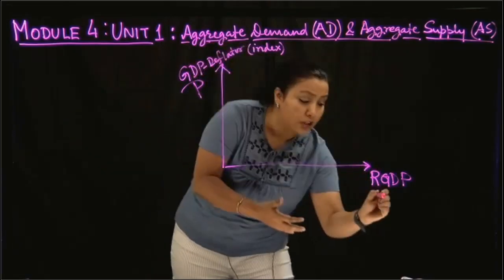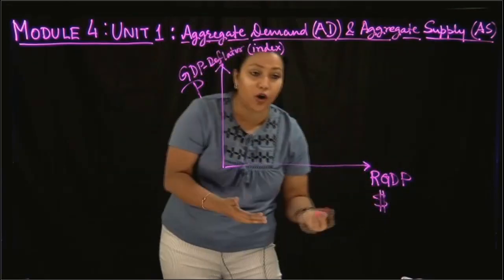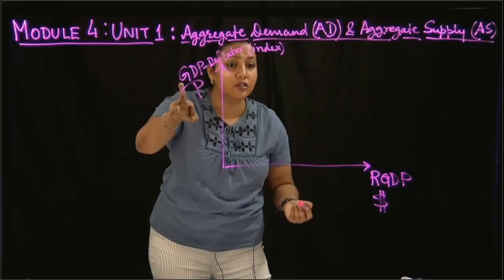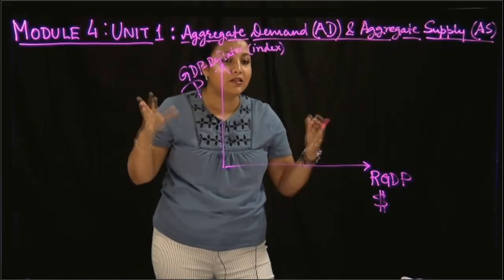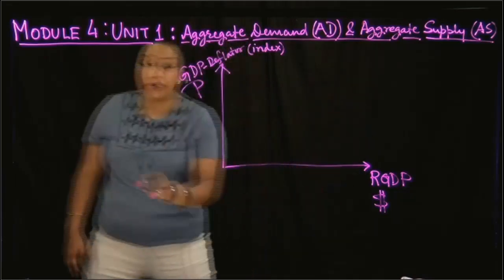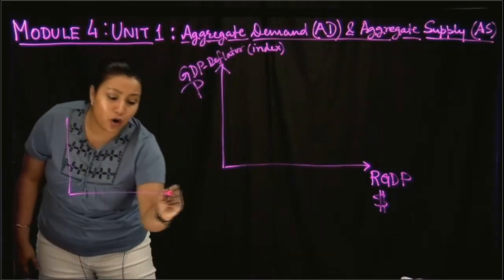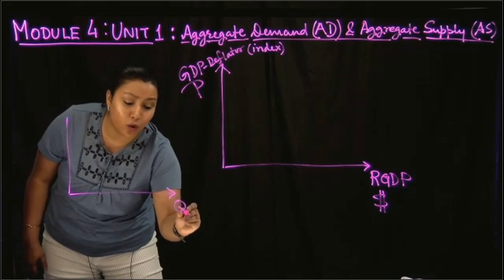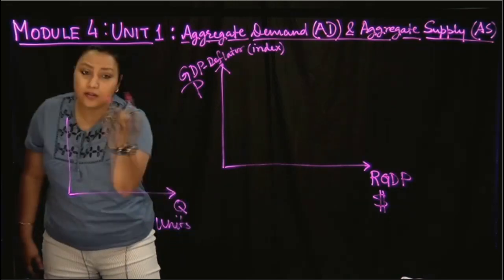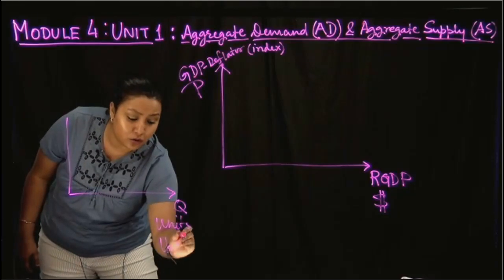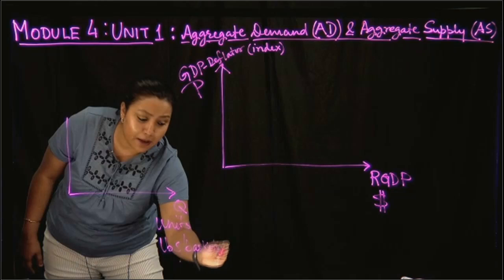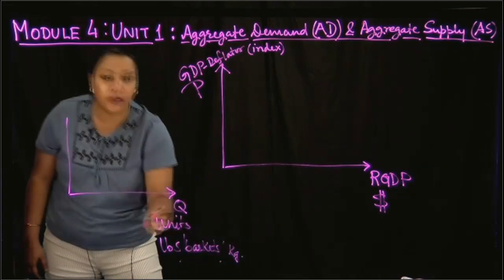Here you have real GDP, which is in terms of dollars or any other currency, but the price index is not in terms of dollars; it is just a real number. That's the basic difference between the macro and the micro diagram. In microeconomics, your x-axis had quantity, in units of the commodity, whether pounds, baskets, or kilograms.